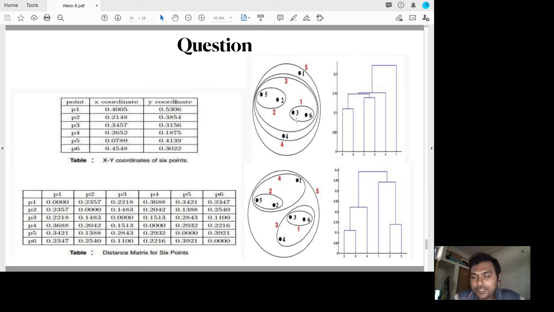Let me ask you one question. When we are forming cluster 1, is there any reason for cluster 1 to give us information about whether there is single linkage, complete linkage, anything? No, not required. Why? Because there are only 2 points, so there is no nearest point. Correct.